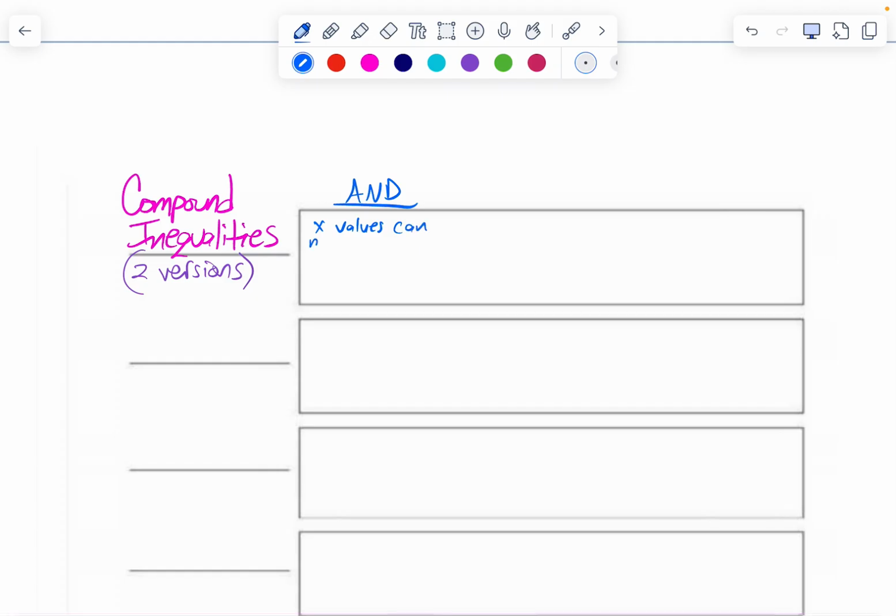X values can meet both inequalities at once.